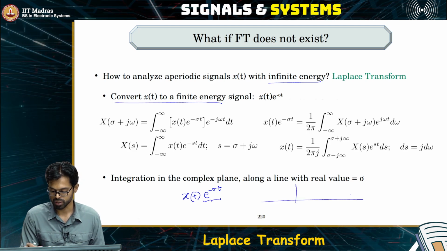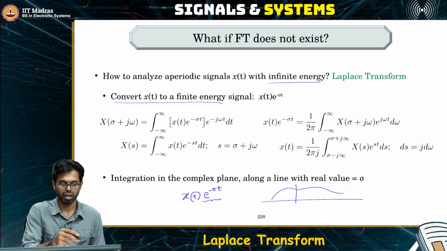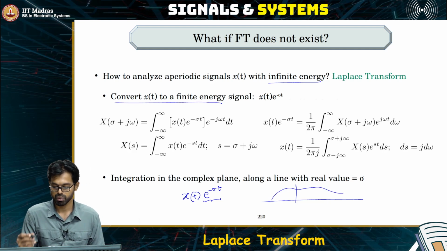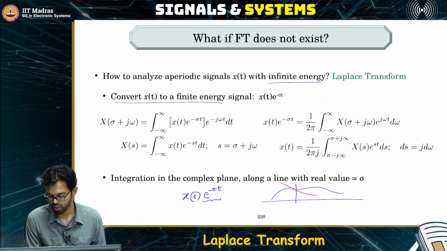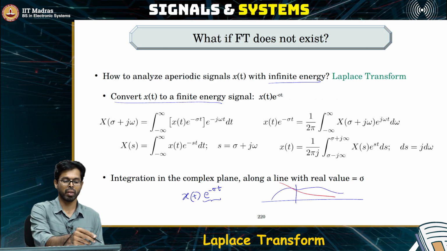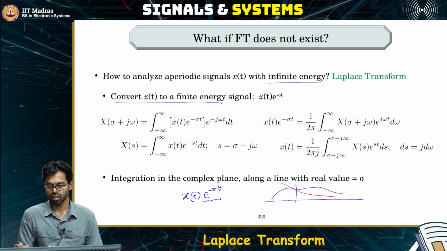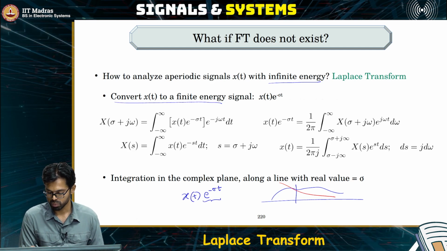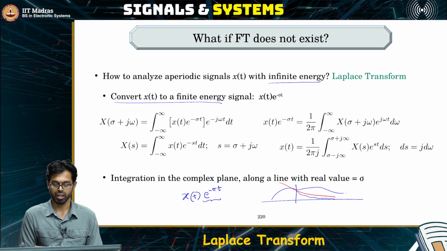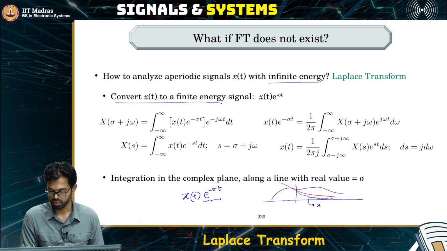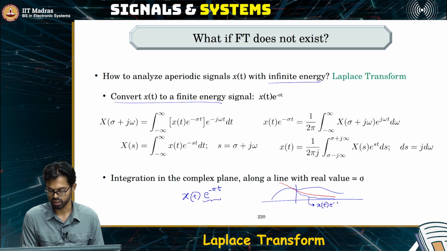Let us say our x of t is something like this, and we multiply that with an exponential. How does e power minus sigma t look like? It looks something like this. So when you multiply this, what happens to portions on this side? It starts decaying. Right? The resultant here is the product of x of t e power minus sigma t.